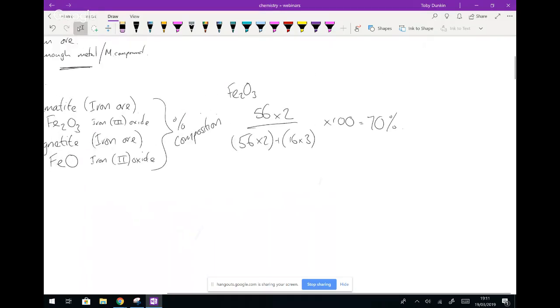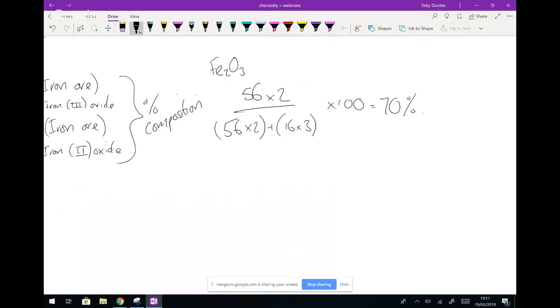If I now look at the percentage of iron in magnetite, which is FeO, I've got 56 over 56 plus 16. And I seem to recall that spits out around about 78%. Magnetite is far more valuable than hematite, but much rarer.